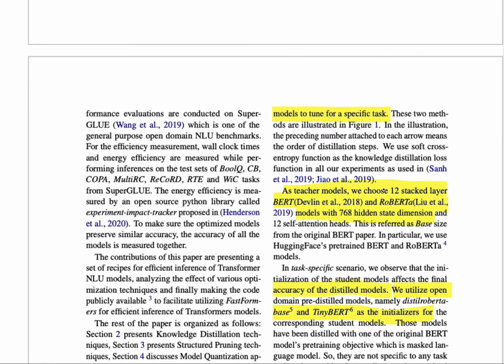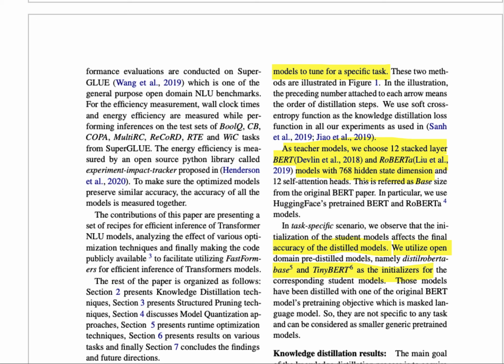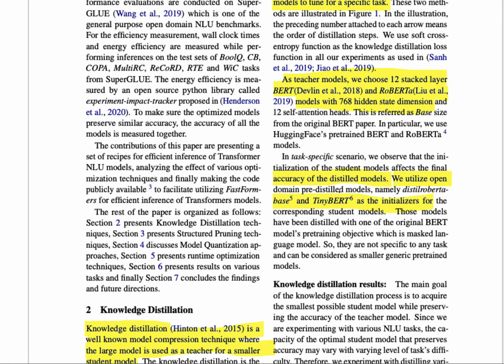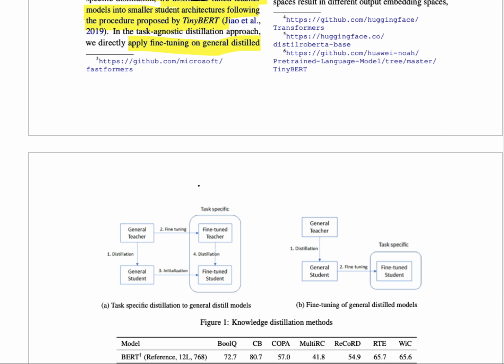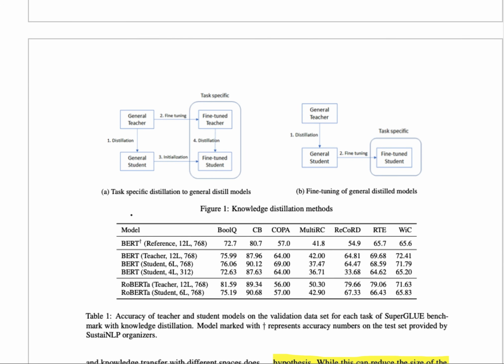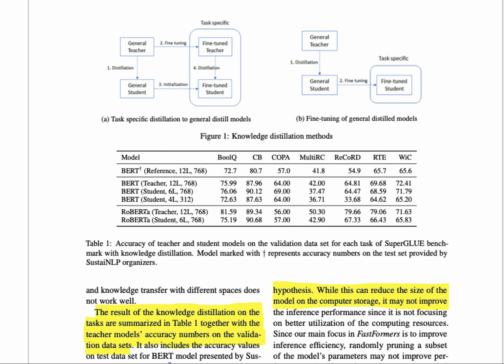What they have shown is that distillation is very powerful, and even after distilling the network to a huge degree, they are still able to match the performance of the Roberta and BERT models, and both the task specific and task agnostic models are performing well. The results shown here are from the best model for both cases.